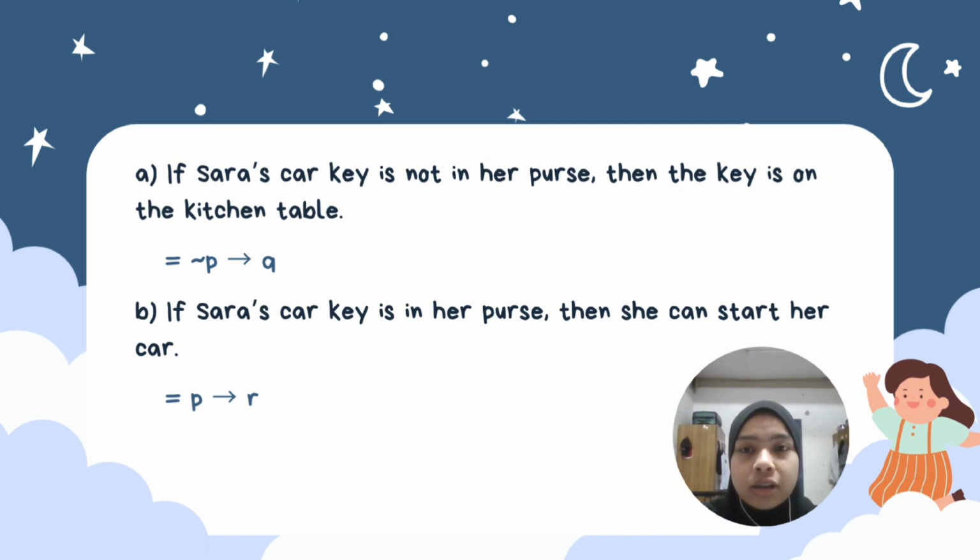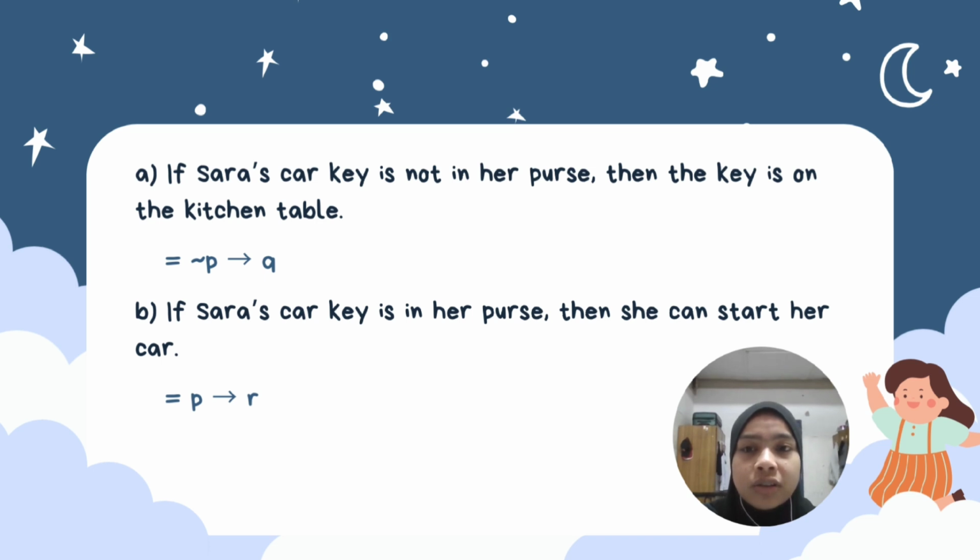Question A. If Sarah's car key is not in her purse, then the key is on the kitchen table. So the answer is the negation of P implies Q. Question B. If Sarah's car key is in her purse, then she can start her car.